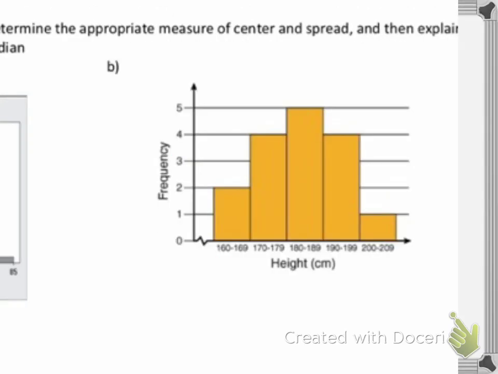In example B, let's see what we have here. We must have been measuring people and their height in centimeters and how often we measured said height. If you look at this one, this is pretty symmetrical. I could cut this right in half and it would almost fold on top of itself. I don't see any skewing happening, so I'm going to say that this is symmetrical.